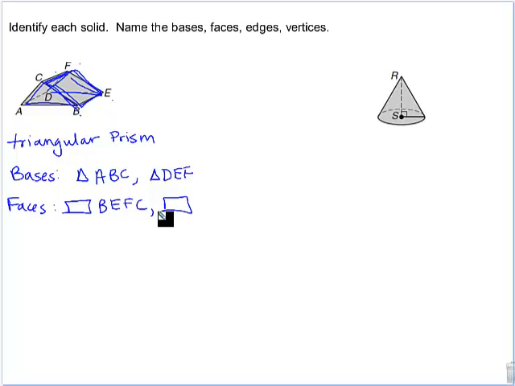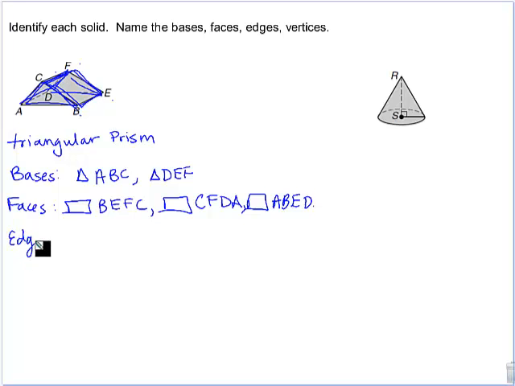The one off to the left, we could say CFDA. I don't care which letter you start at, you just have to make sure you go in order around your parallelogram. And the one on the bottom, we could call ABED. So those are your 3 faces.